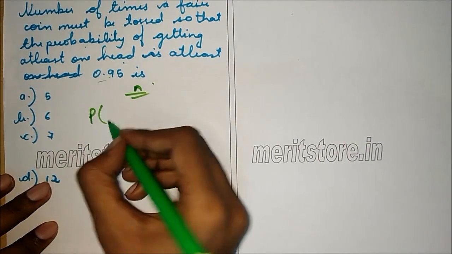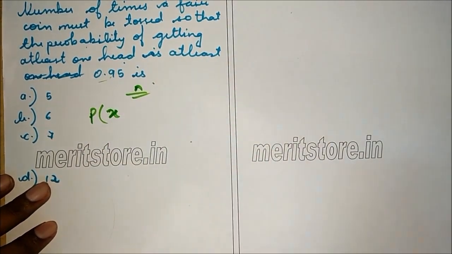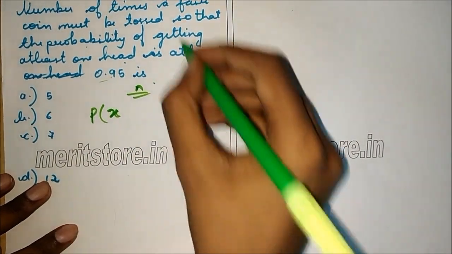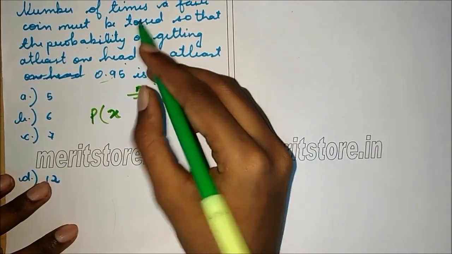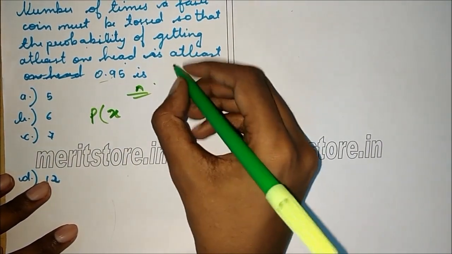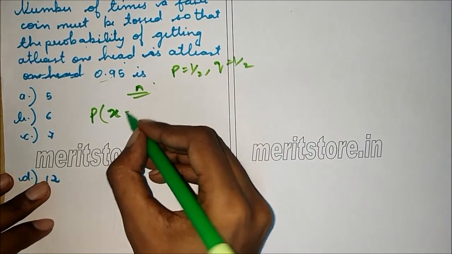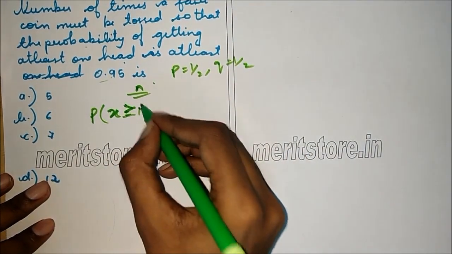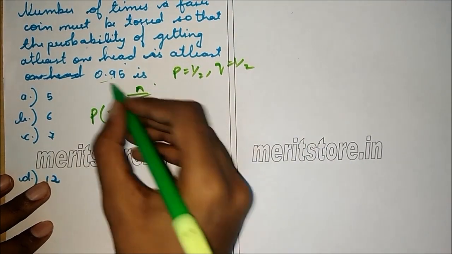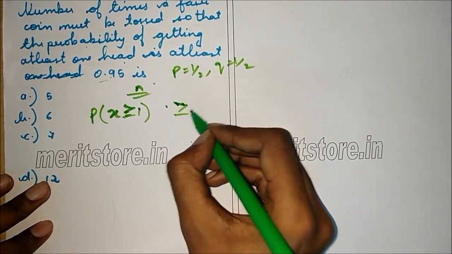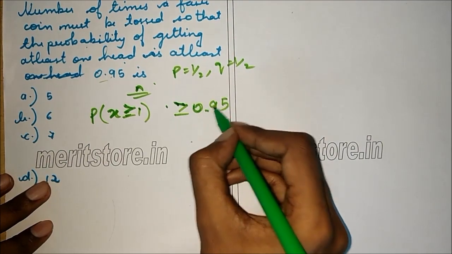So X is the number of heads, and assuming it to be a fair coin, p will be half and q will be half. So P(X greater than or equal to 1) is greater than or equal to 0.95.